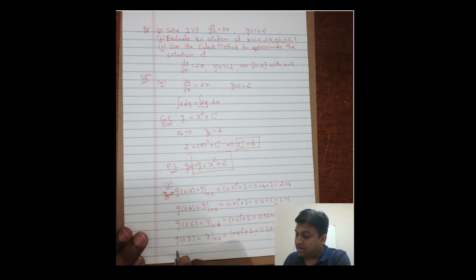And finally, evaluate your solution at 1: 1 squared plus 2, 1 plus 2, is 3. These are the exact values of the solution at those inputs: 0.2, 0.4, 0.6, 0.8 and 1. I want you to keep them in mind.